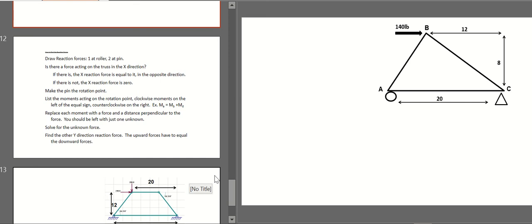Okay, so here's how we do it. First, draw reaction forces. So you're given a truss like this, draw the reaction forces. You'll see right here, 1 at the roller, 2 at the pin. R-A-Y, 2 at the pin, R-C-Y, R-C-X.